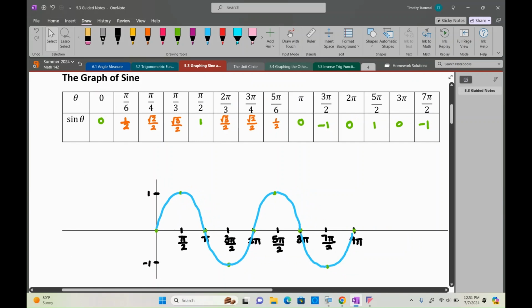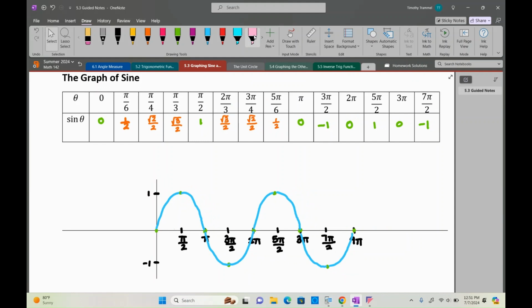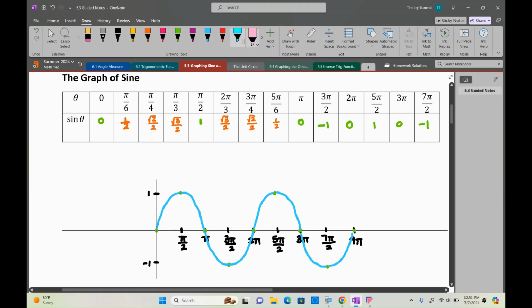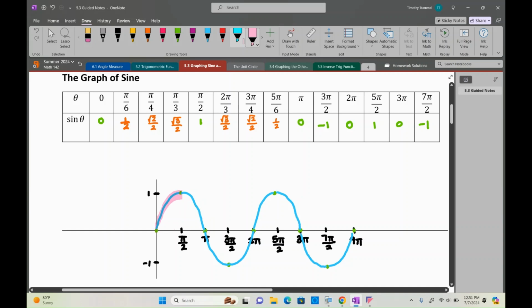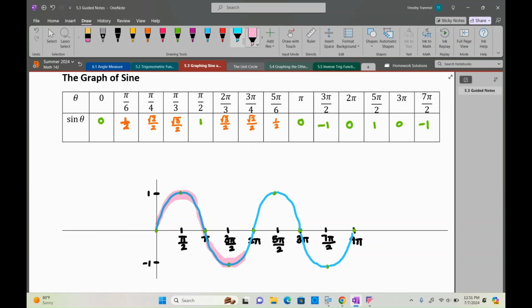And when I go to think about the parent function for sine, I specifically think about this section here as the parent function. And the reason I'm talking about a specific section here is we only need to know a little bit of the graph because it's going to just continue to repeat the pattern.